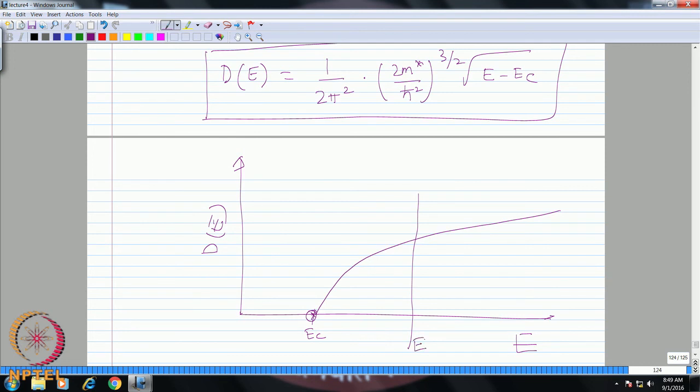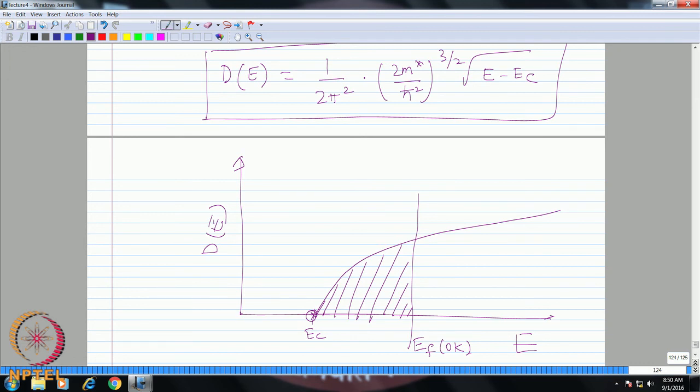Your Fermi energy level will be somewhere here, and if I want to calculate the number of quantum states at 0 Kelvin, that means the number of quantum states between Ec and EF, because the Fermi energy level is defined with reference to 0 Kelvin. Right. So, you can substitute into this expression and calculate the actual density of states between them.